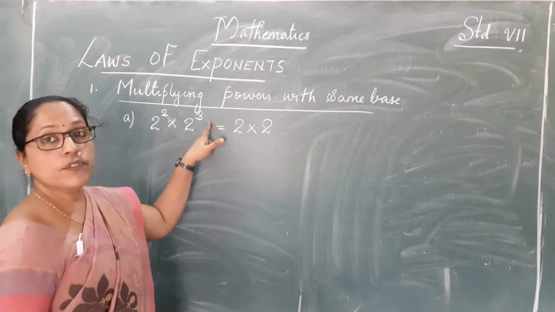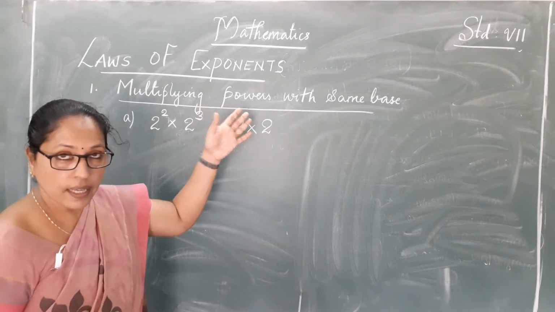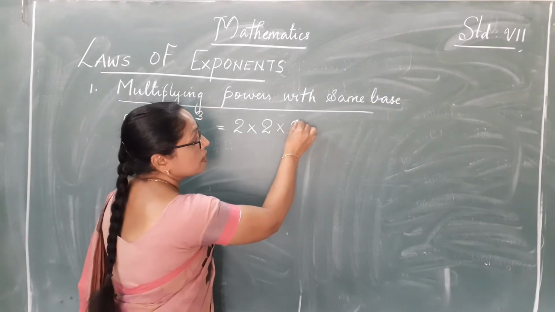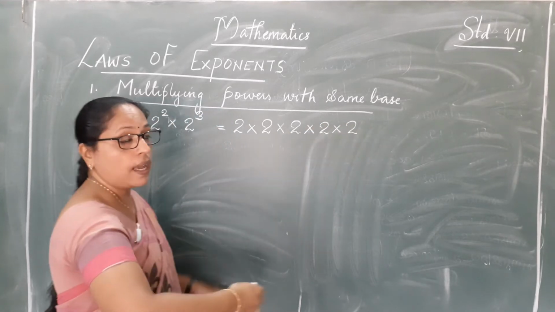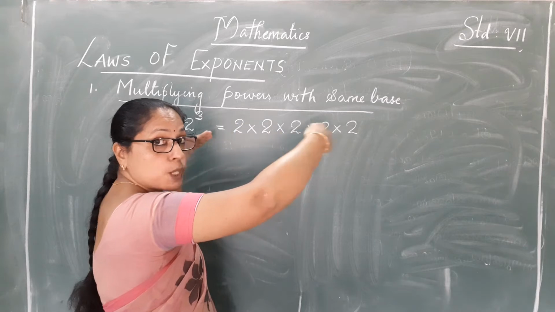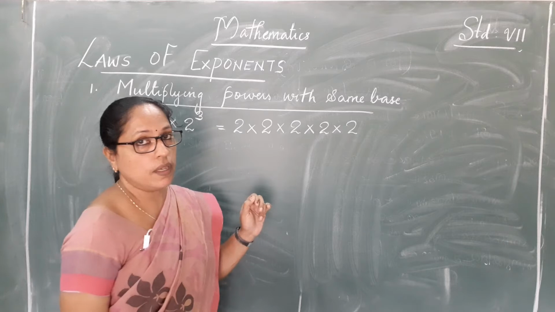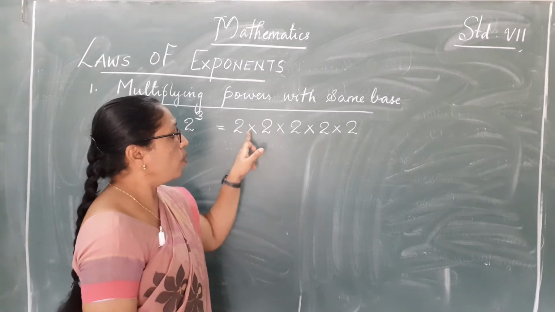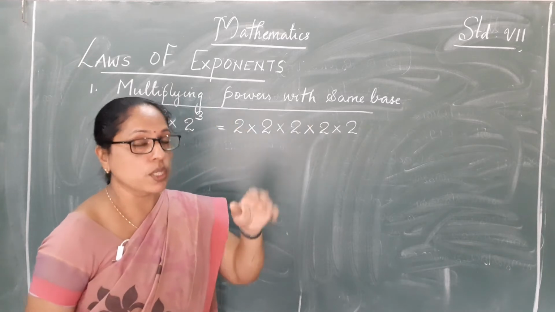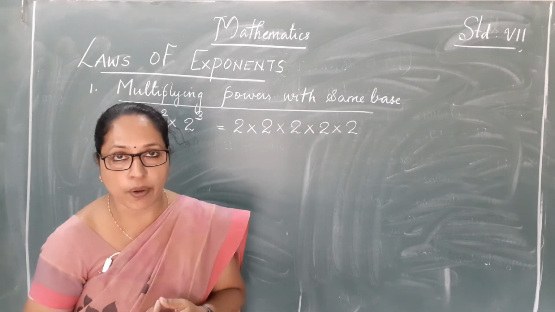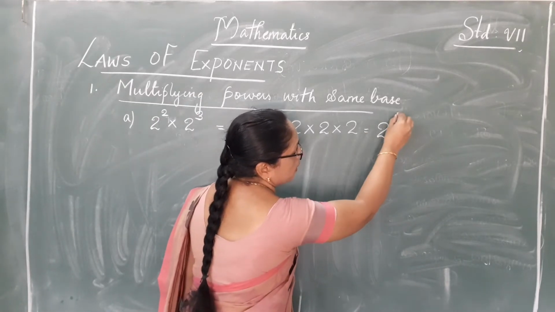Likewise, 2 raised to 3 means 2 multiplied 3 times, so 2 into 2 into 2. We call this form the expanded form of the given exponential form. Now when you count, how many 2's are there? Altogether there are five 2's. So how can you write that in exponential form? Exactly, 2 raised to 5.